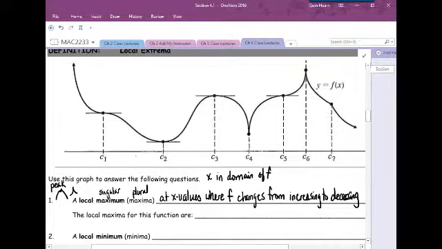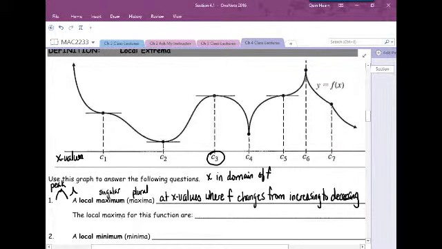Looking across at C1, C2, C3, C4, C5, C6, and C7, these are all of your x values. Where do we have a local maxima? Well, for example, look at C3. At C3, we have a peak.